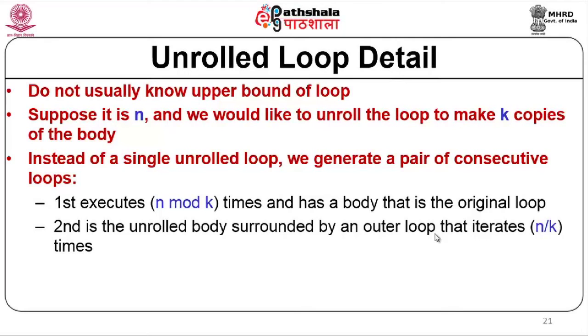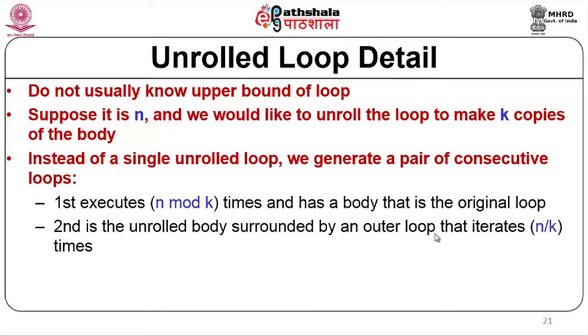Earlier we had a single rolled loop. Now we have two consecutive loops. The first loop executes n mod k times, and it is the original loop, which is the rolled loop. The second one is the unrolled body surrounded by an outer loop that iterates n by k times.